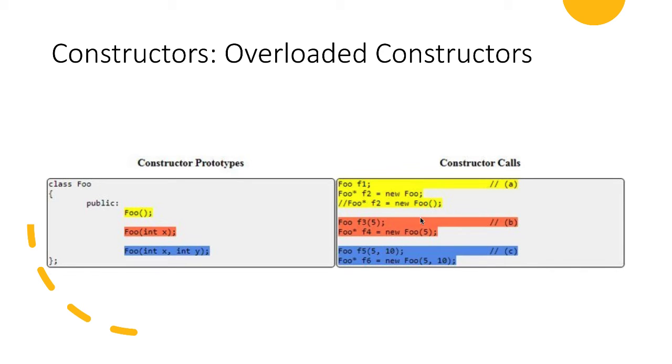We call this a default constructor, and we will get into that in more detail in just a moment. Here we have another constructor, and it takes one parameter. So we've created ourselves a foo object. We name it f3, and we pass in 5.